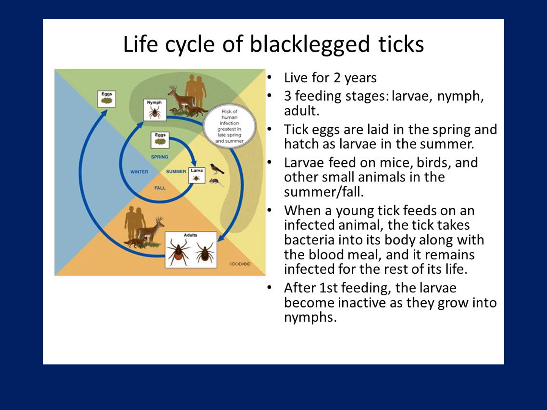You're also going to have the nymphs that have overwintered, and they're looking to feed on a deer or a small mammal or human. Both the adults and the nymphs can transmit Lyme disease. Throughout the summer, you're mostly going to see nymphs that are growing into adults, and the larvae, which will be on birds and small mammals, that don't attack humans or transmit Lyme disease.